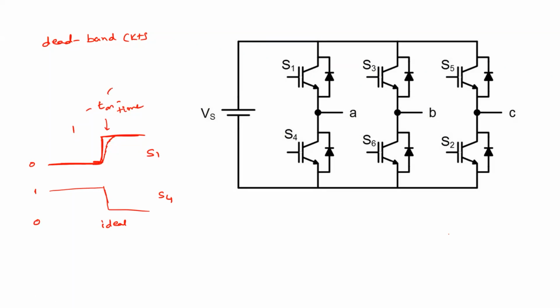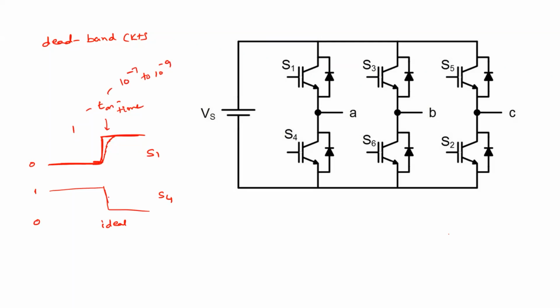This is usually in the order of 10 to the power of -7 to 10 to the power of -9 seconds, depending on the switches. Usually for MOSFETs, the turn on time is very small when compared to IGBTs.